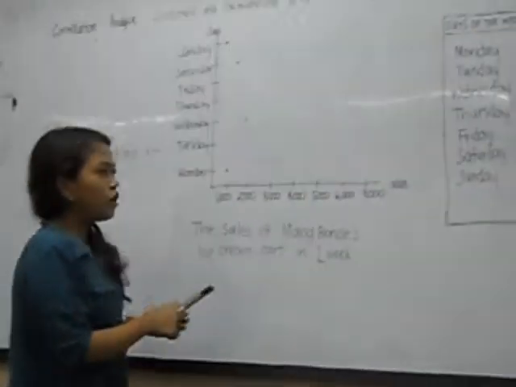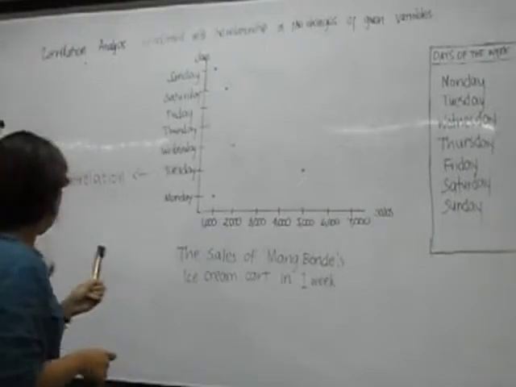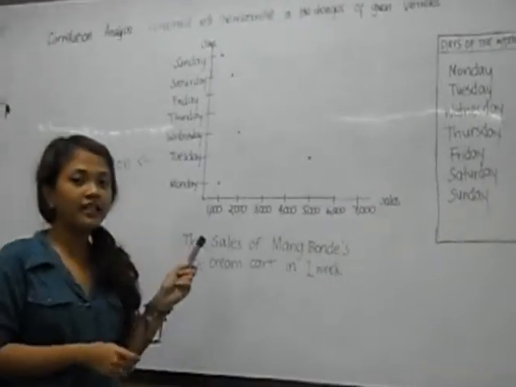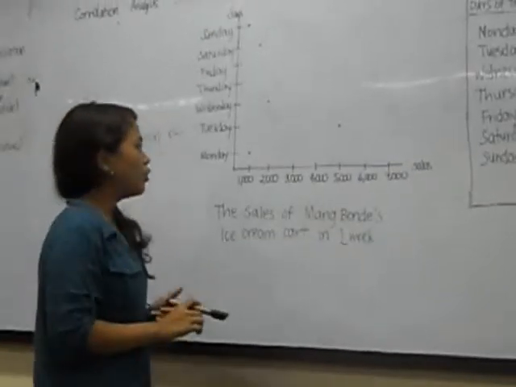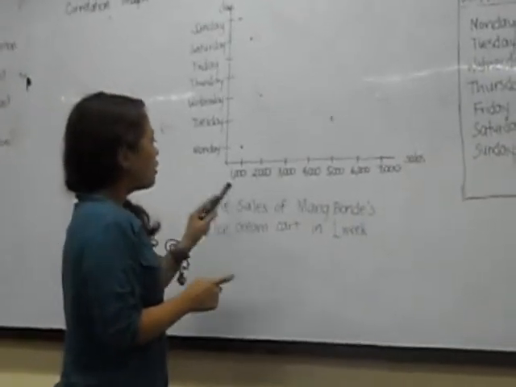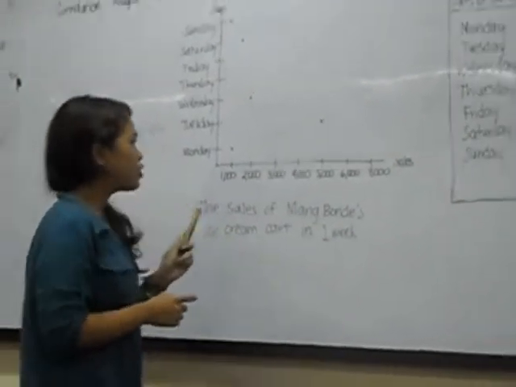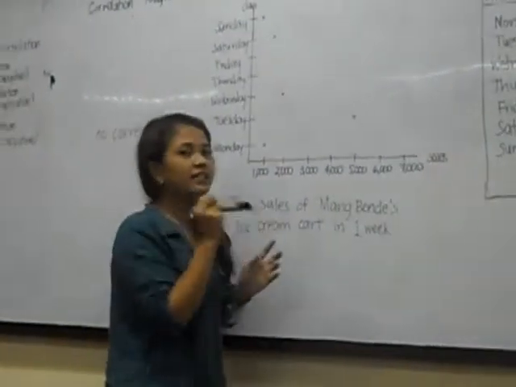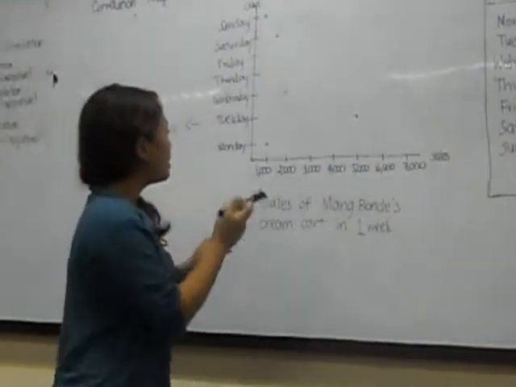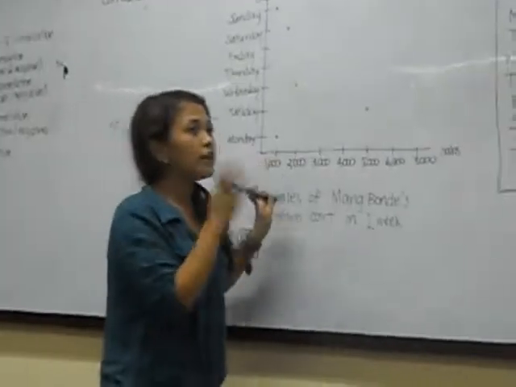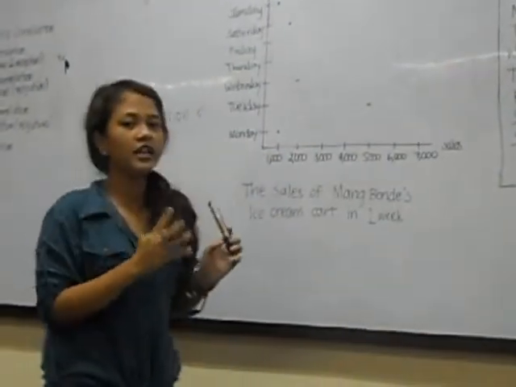When you say no correlation, the points should be illustrated randomly. The first thing to remember is that you should not connect the dots of the given graph to show the no correlation.